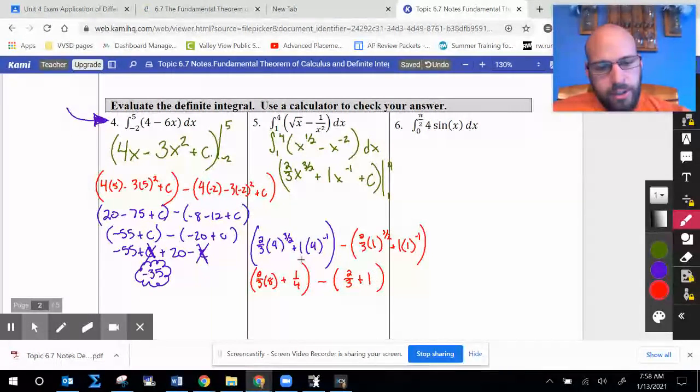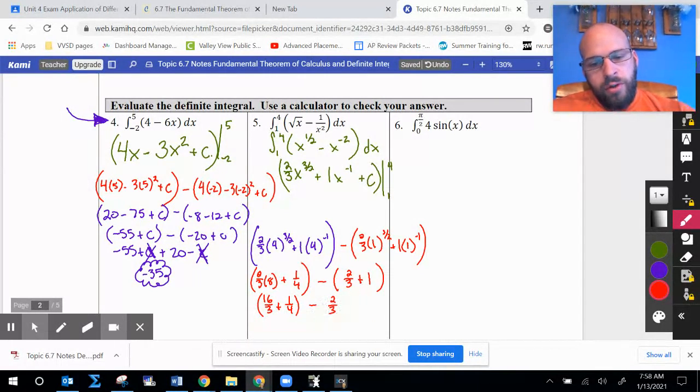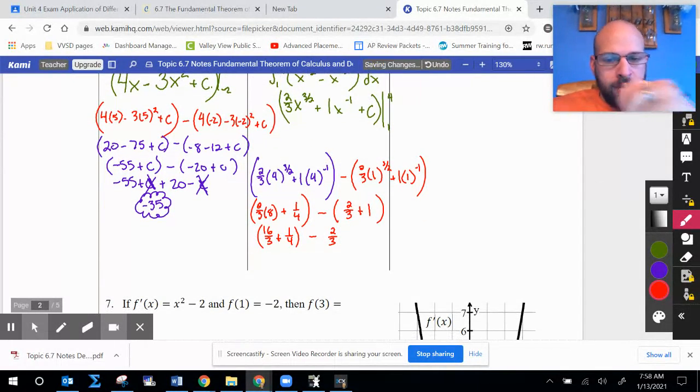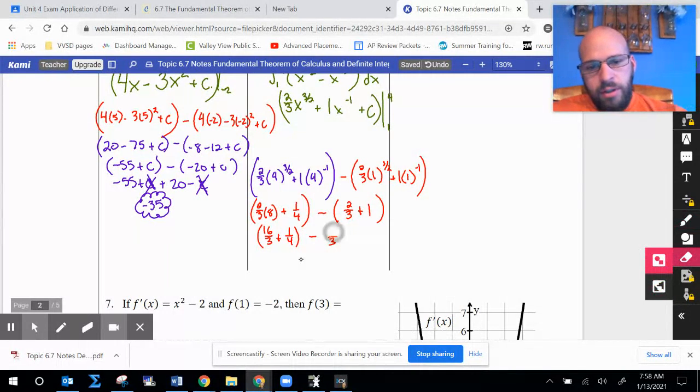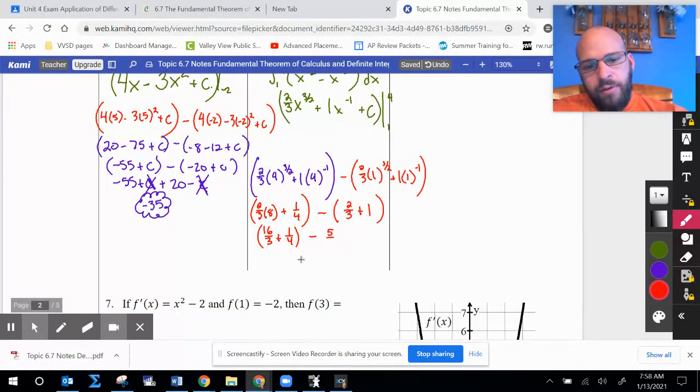So let's combine this all together. I get 16/3 plus 1/4 minus 2/3. So let's get common denominators. Oops, not 2/3. 2/3 plus 1 would end up being 5/3. I'm going to make all my denominators 12.